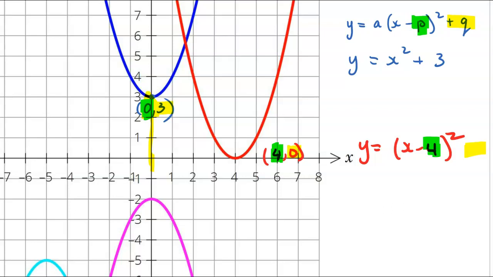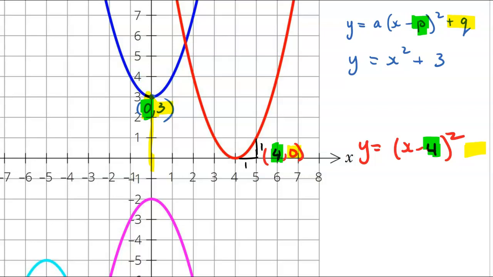And because the parabola is upright and we were told A is 1, it's the same width as all the others. And we can check that really quickly. The way we can check whether A is 1 or not is, if I increase my x value by 1, my y value increases by 1.